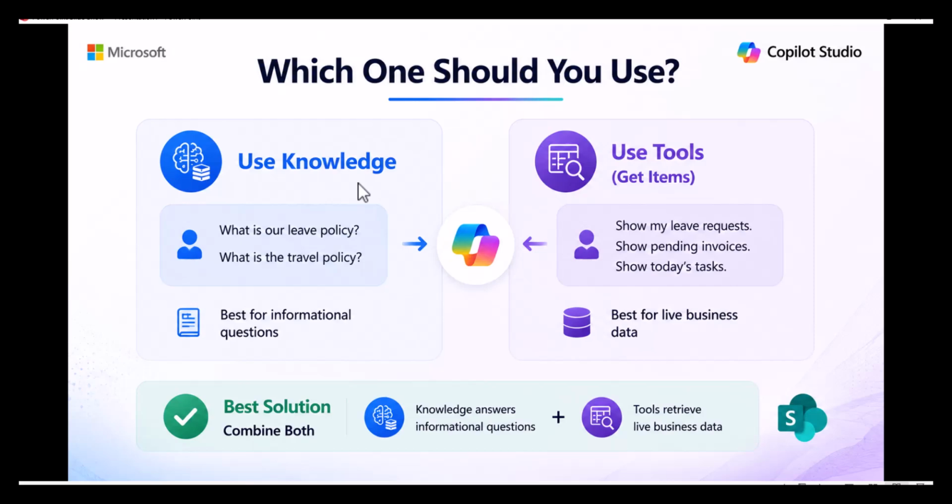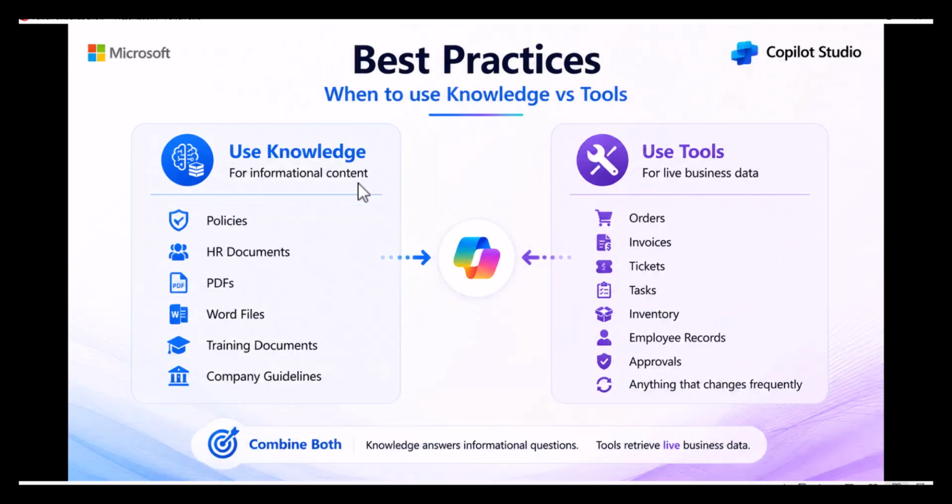And the best practice is always use the knowledge source for policy, HR documents, PDFs, Word files, training documents, company guidelines, right? And use the tools for orders, invoices, tickets, tasks, inventory, employee records, approvals. Anything that changes frequently, right?